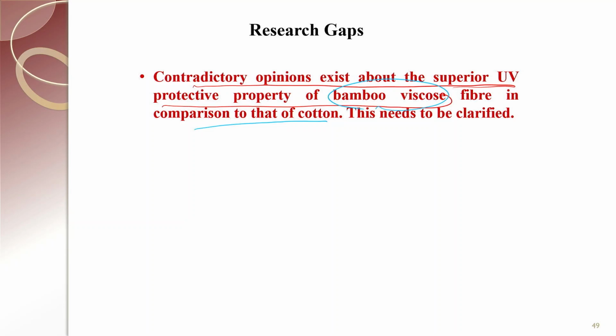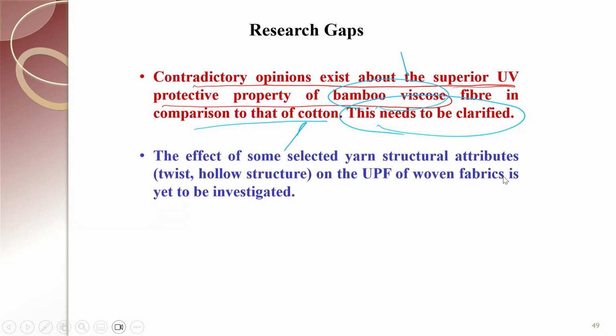In some research it has been observed that fabrics made of bamboo viscose have higher UPF than cotton. So, in the present research we tried to clarify this. We studied in depth whether bamboo viscose really results in higher UPF as compared to cotton or not.